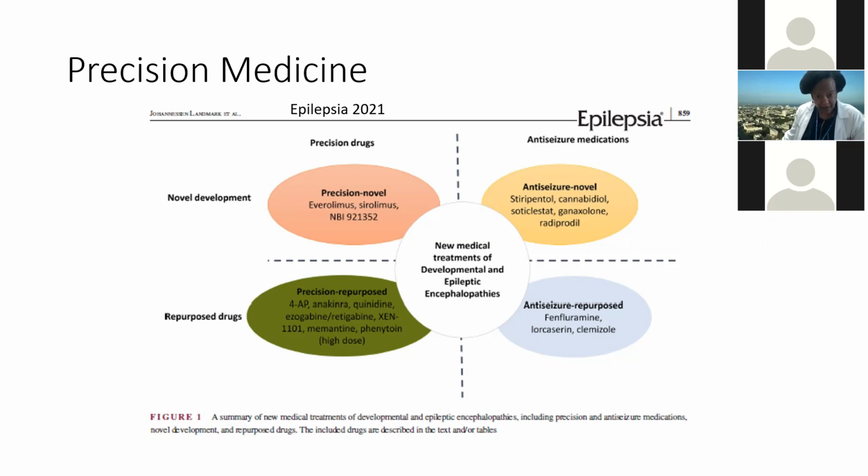We have the anakinra or the quinidine for the KCNT1 epilepsies, ezogabine, retigabine, that was withdrawn from the market and now is back in clinical trials in a randomized and open label fashion, okay? The drugs by the Xenon group, we have memantine, which is used for dementia.